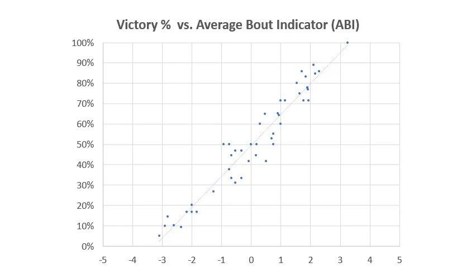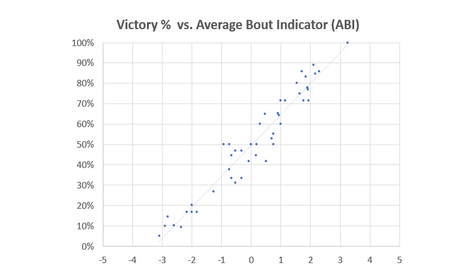First of all, we can see that below -3 average bout indicator, the corresponding victory rate is near 0. On the other hand, with an average bout indicator much greater than +3, the corresponding victory rate approaches 100%.